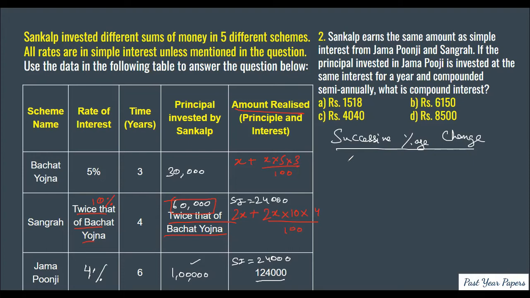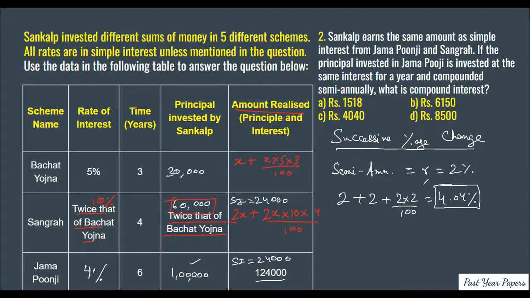Since rate of interest is 4% for semi-annually, this will become 2%. Now it has to be levied twice because we are finding it for 1 year. That means if I use successive percentage change, overall compounding rate will be 2 plus 2 plus 2 into 2 upon 100, which is 4.04%. That means this much is the cumulative rate of interest for the whole year compounded semi-annually. This is levied on principal of 1 lakh. What it will be in rupees? 4.04% of 1 lakh.